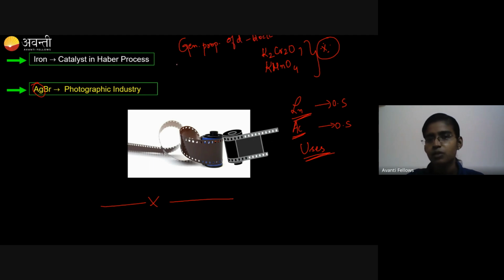From general properties, we cannot say this is important or that is important, because all the properties are very, very important. So study the lesson, students. And tomorrow, I'll start with a new chapter.